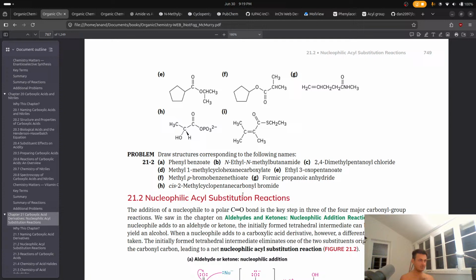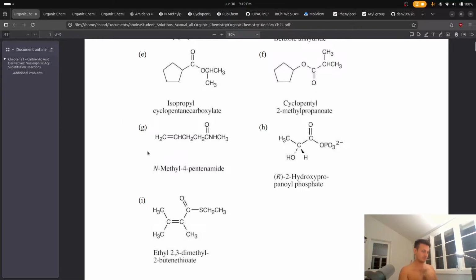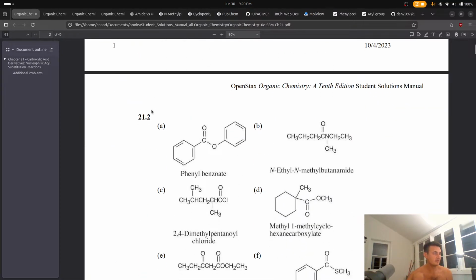Okay, formic propanoic anhydride. Wait, let me check my answers first because I gotta flip the page. So we have phenylbenzoate, good. N-ethyl, N-methyl butanamide, easy. 2,4-dimethyl pentanoyl, easy.